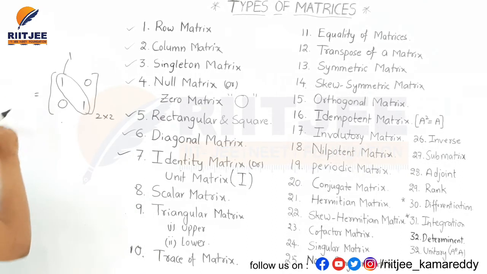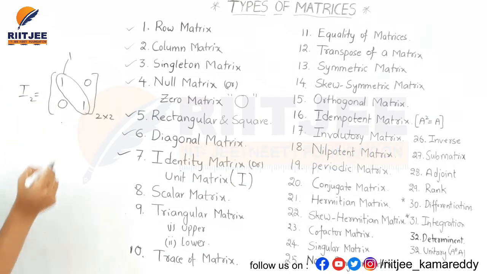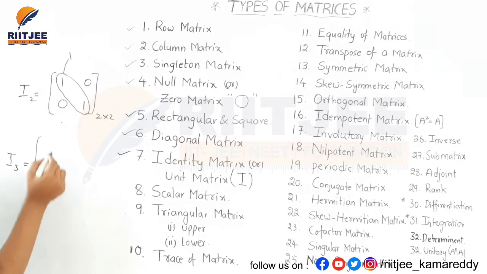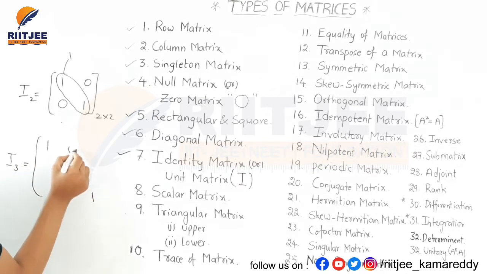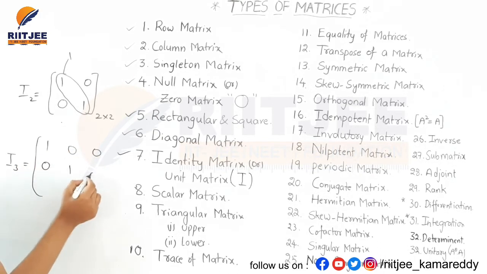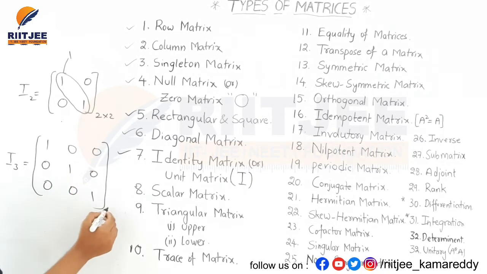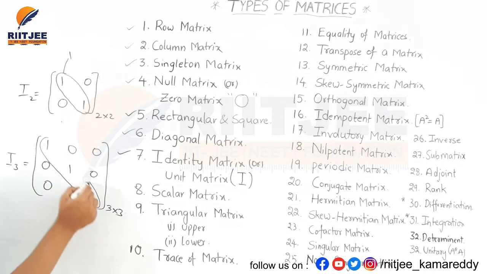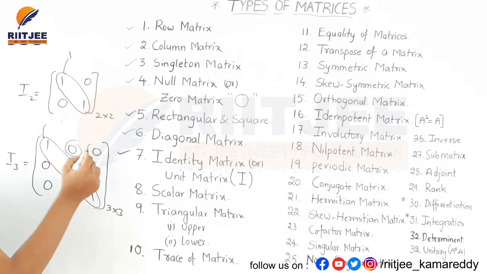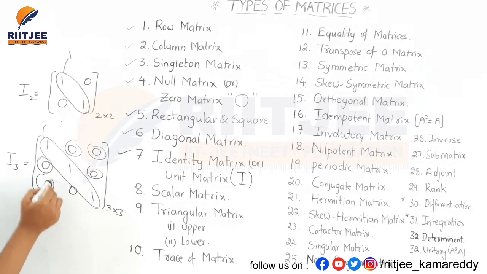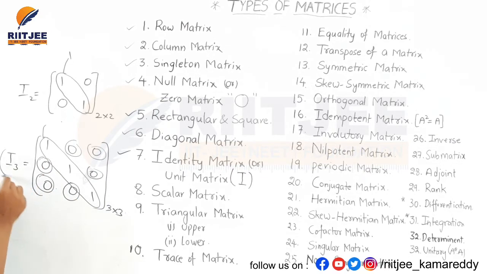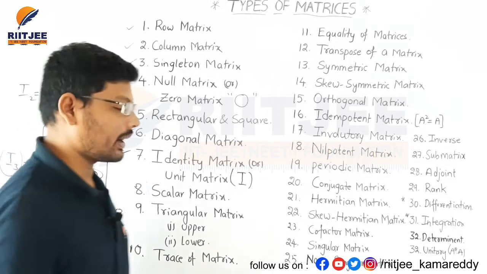It is denoted by I of order 2. Next, I of order 3: 1 0 0, 0 1 0, 0 0 1. This is a square matrix of order 3 by 3 having principal diagonal elements as 1 and other elements as zeros, called an identity matrix of order 3. This is an example of an identity matrix.